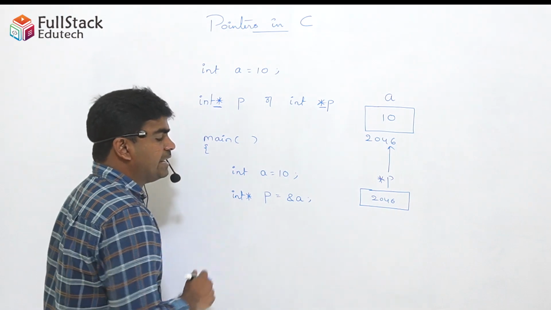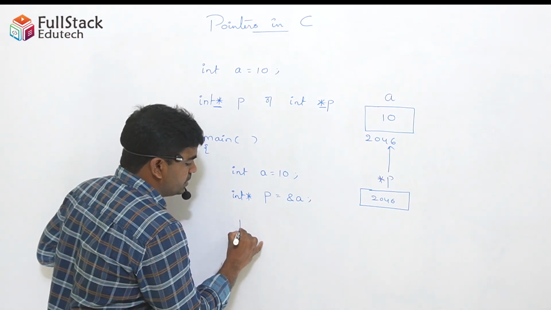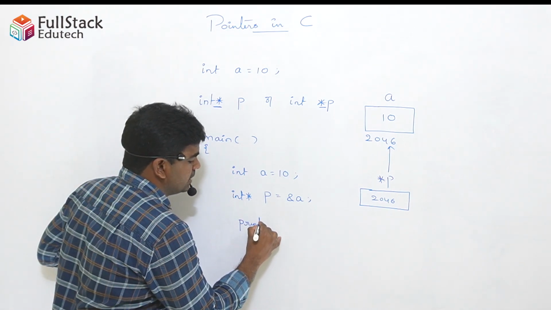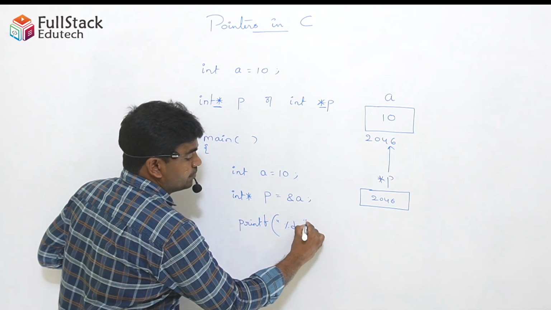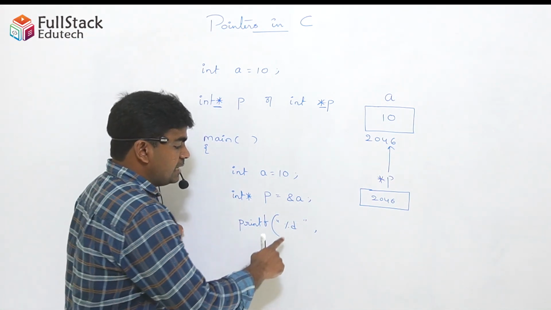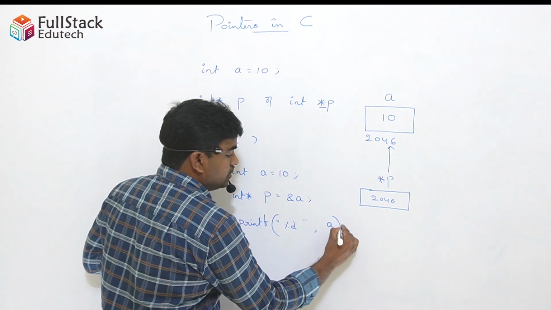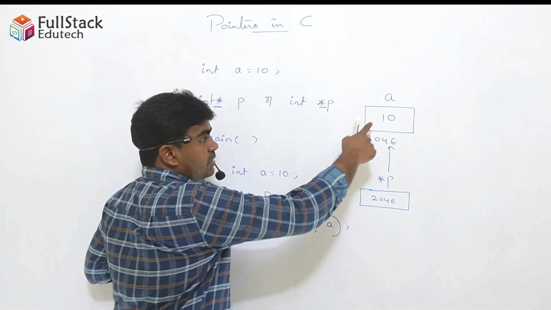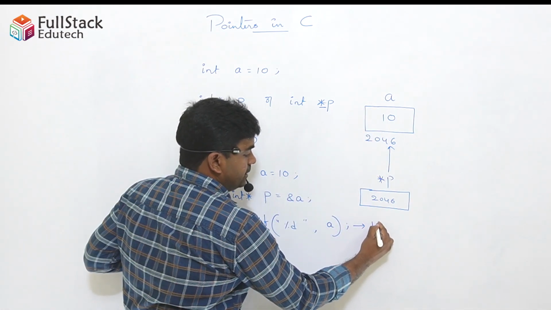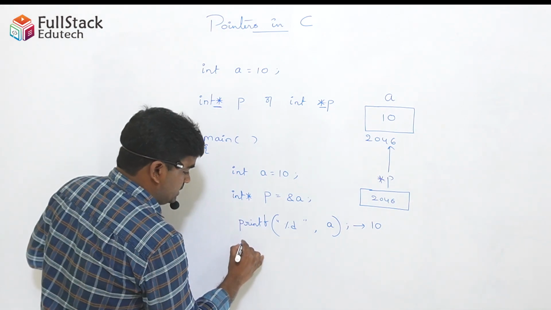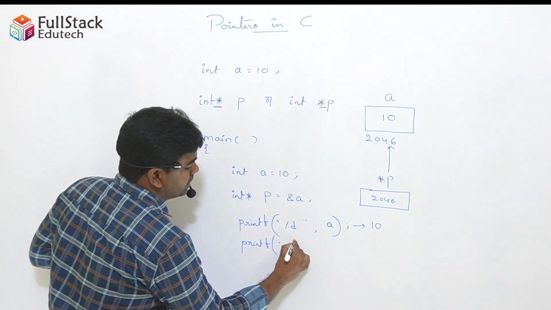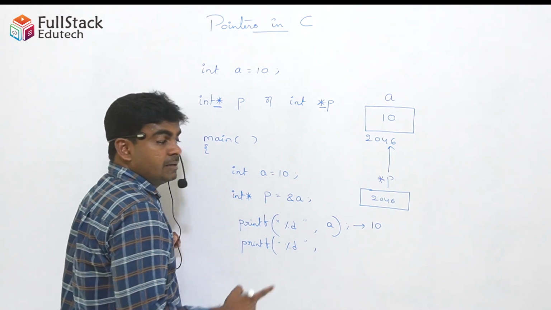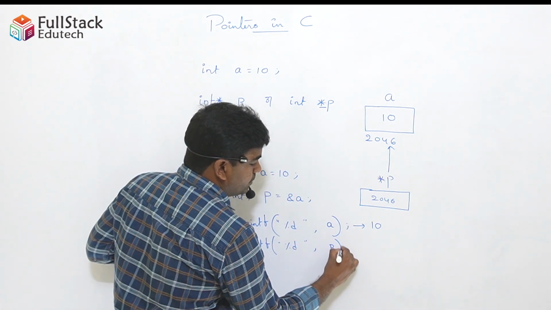Then how can we access? Simply, if I am writing like this, printf %d, I am printing a's value. So what is a's value? 10 will print. Next, printf %d, I am printing p's value.